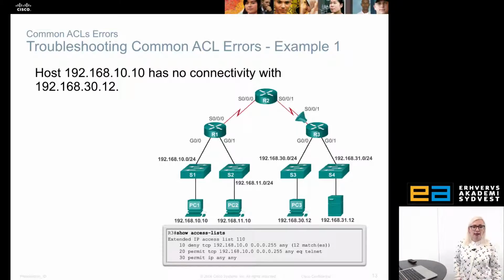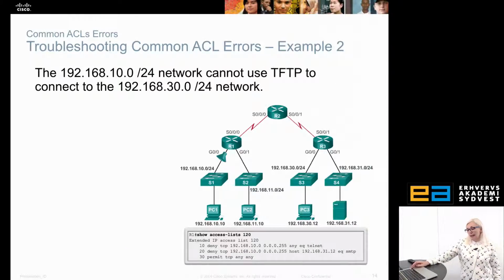And why is that? Well, if we look at it, we start by denying everything coming from 192.168.10, and whatever is in the last byte we ignore. So we start by denying it. That is why we do not have any connectivity here.